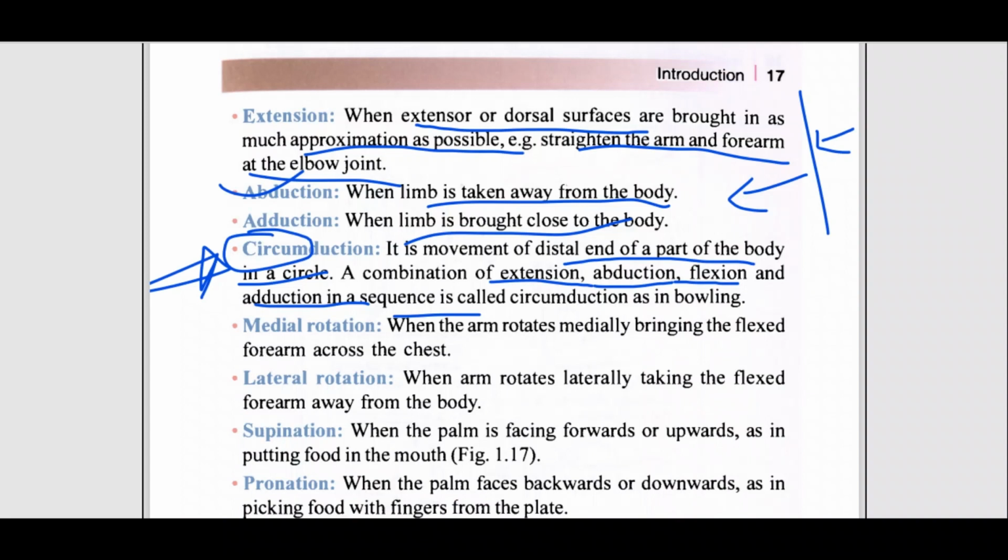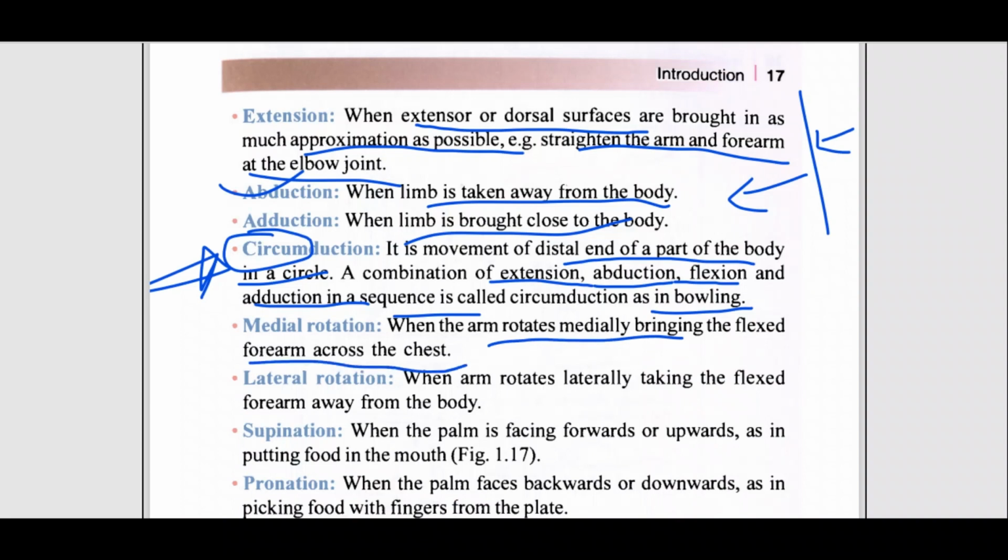It is a combination of, first of all, extension, then abduction, then flexion and adduction in a sequence. और ये repeated movement होगा. और इसका example है as in throwing a ball while bowling.